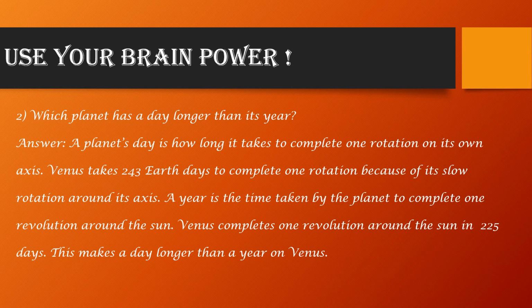A year is the time taken by the planet to complete one revolution around the Sun. Venus completes one revolution around the Sun in 225 days, and this makes a day longer than a year on Venus.